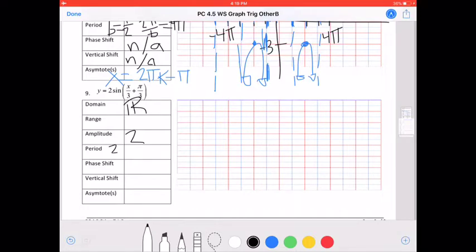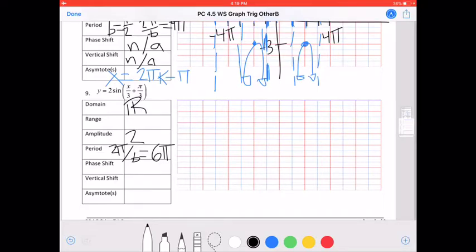For period, we do 2 pi divided by b. Here, b is 1/3, so we actually get 6 pi for our period. Our phase shift, we do have a phase shift here.